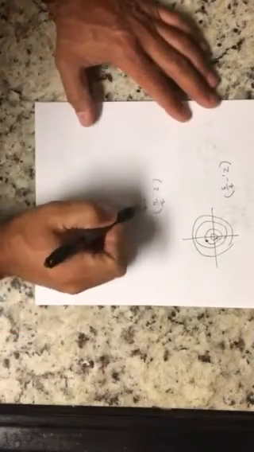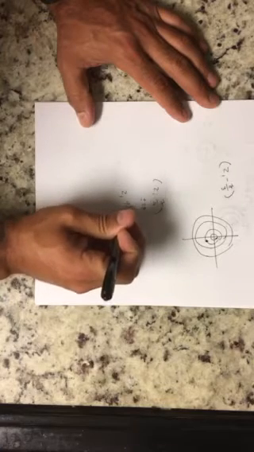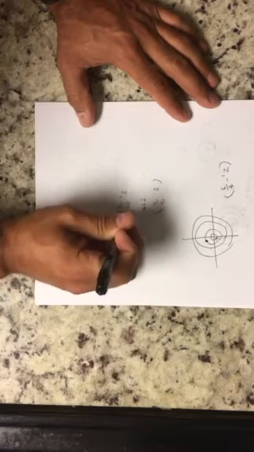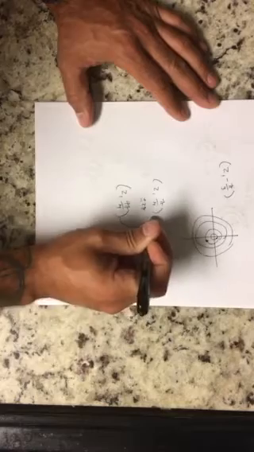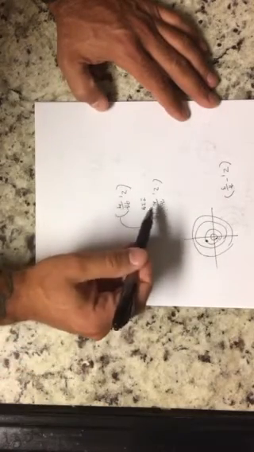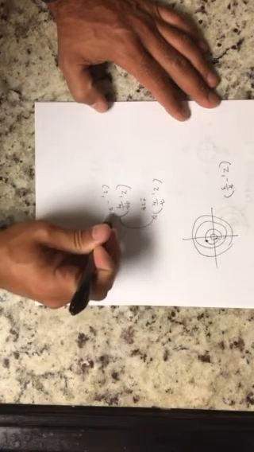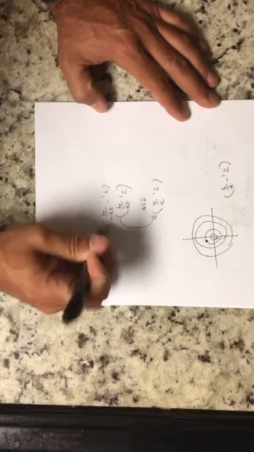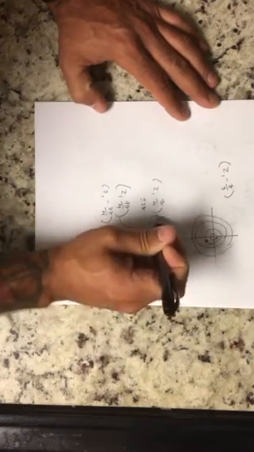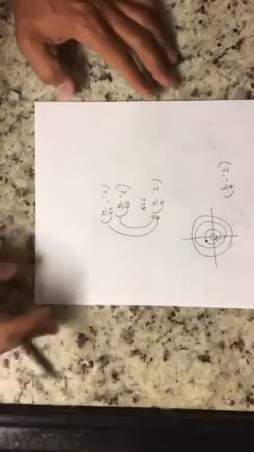So this one, plus 2 pi is 8 pi over 4, which is going to be 2 comma 9 pi over 4. So that's another representation that would be the same point as that. Subtracting 2 pi, minus 8 pi over 4, would be 2 comma negative 7 pi over 4. So that would be another point that is the same representation as that. And we can do as many rotations like that as we want.